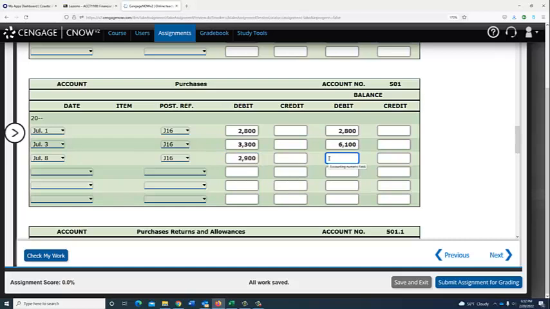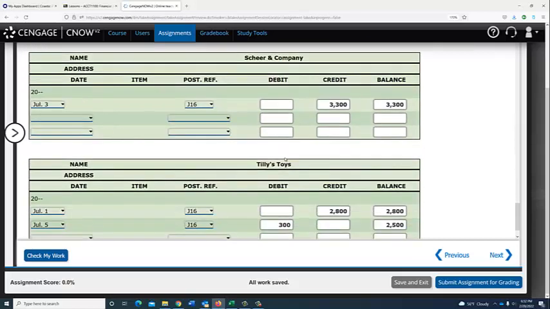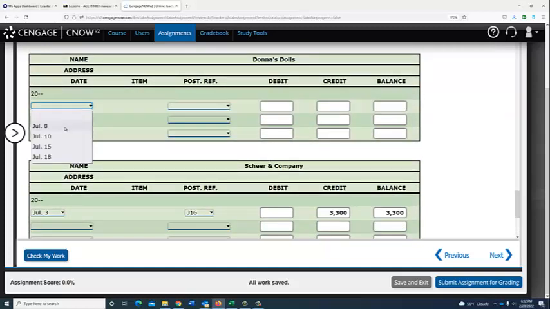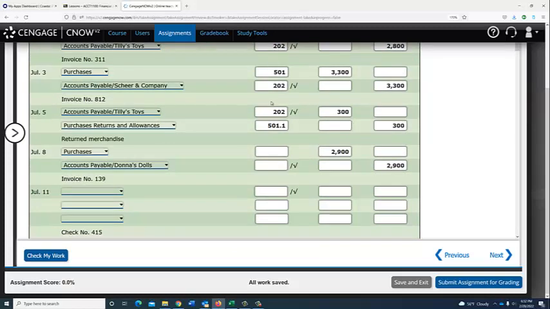Okay, and now we have $9,000 in our purchases account. A debit and a debit you add, and we got $9,000. All right, then we're going to go down to Donna's Dolls and credit her account for $2,900. And that'll give her account a $2,900 credit balance. So now we'll enter our posting references.